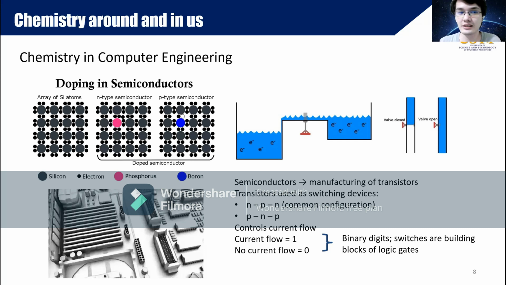And other entity. So in the P-type, it is injected with an element that has 3 valence electrons. So usually what they use for this is boron. So in a P-type semiconductor we have a vacant hole. This hole moves throughout the semiconductor, making it possible for electrons to flow.